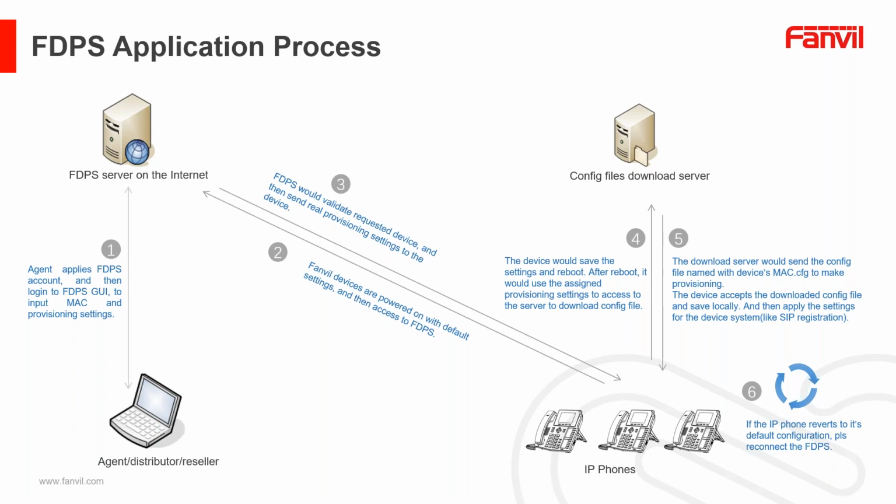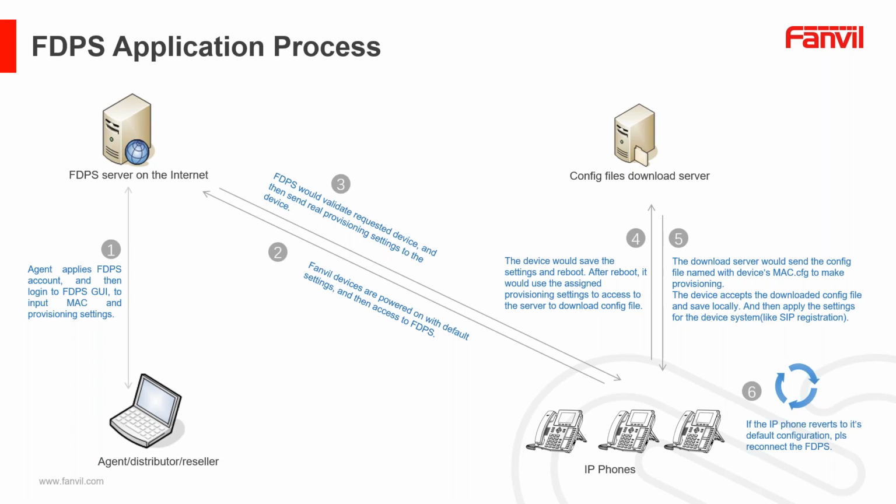After the config file server is ready, the end user might plug in the power and the LAN. After that, these IP phones will do the second step: they will access the FDPS server. The FDPS server will receive the request from these IP phones and validate them.